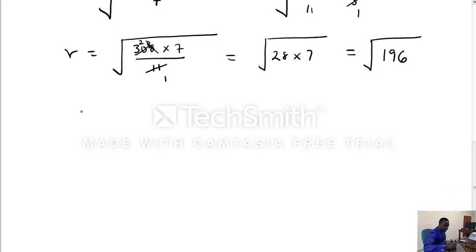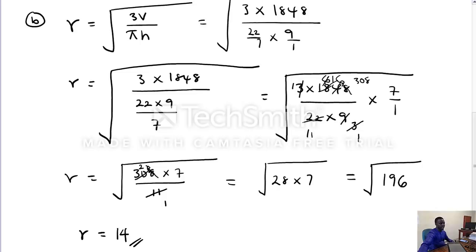So that our R is equal to square root of 196, and square root of 196 is 14. So 14 is our value of R.